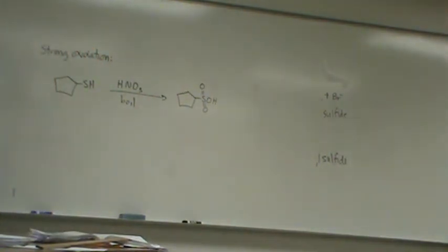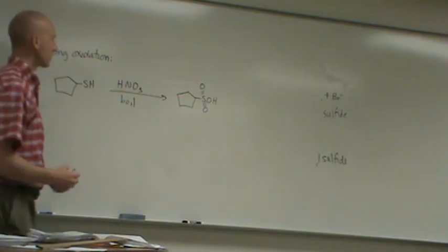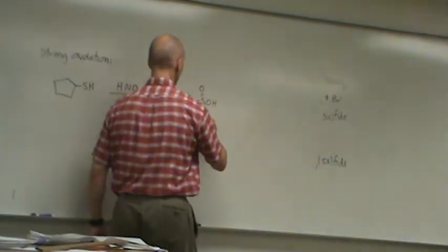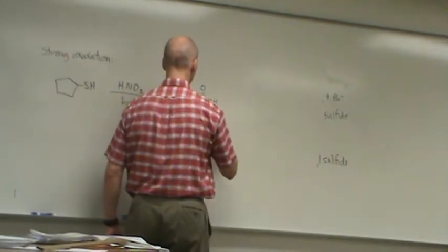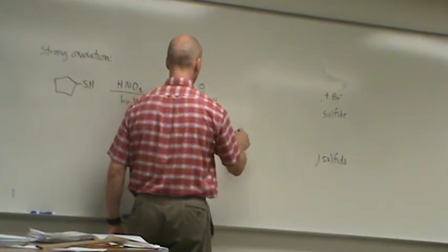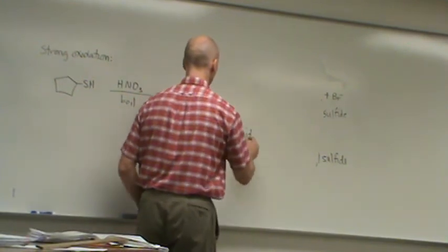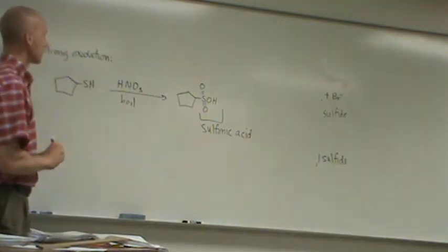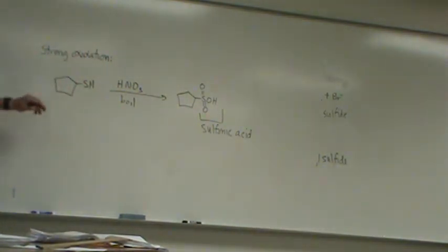See all the oxygens that are adding on? This is called a sulfonic acid group. So I'm really oxidizing the heck out of it, putting all these three oxygens on it.